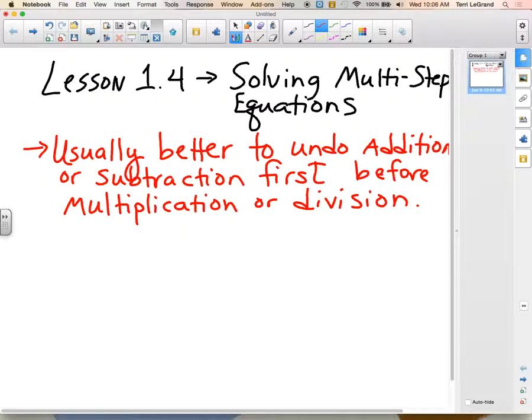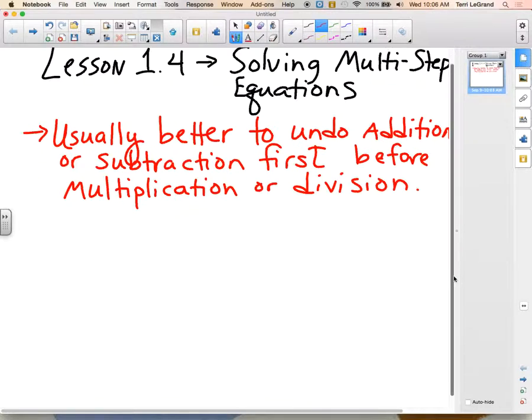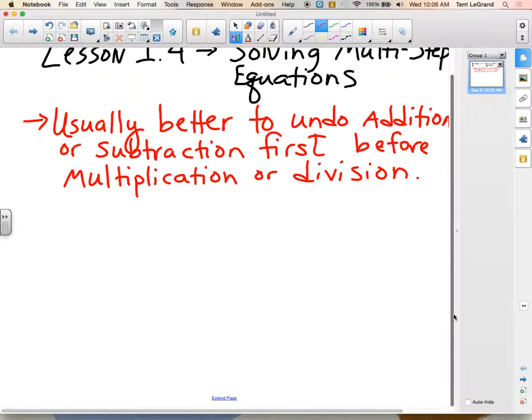No. In order of operations, we say parentheses, exponents, multiplication and division from left to right, addition, subtraction from left to right. In order of operation, we take care of multiplication and division first. We're going to do the reverse of that when we're undoing, because that's kind of what inverse does. We do the reverse. So let's just do a problem right away.